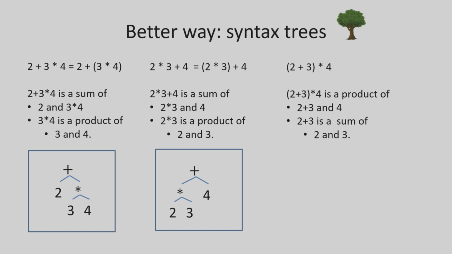And the first thing is the sum of 2 and 3, and the second thing is a 4. Here's how we write it. It looks very similar to the previous one, except at the very top you have multiplication. And the first thing you need to figure out when you're doing that multiplication is the value of the formula on the left side, which is the sum of 2 and 3.